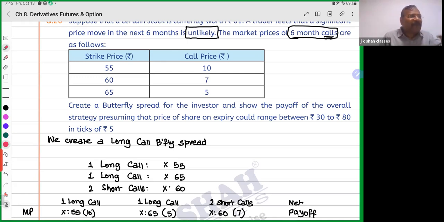Now I'm just flipping the question. Looking from the question, how will you know that you have to create a long straddle? This is quite interesting.